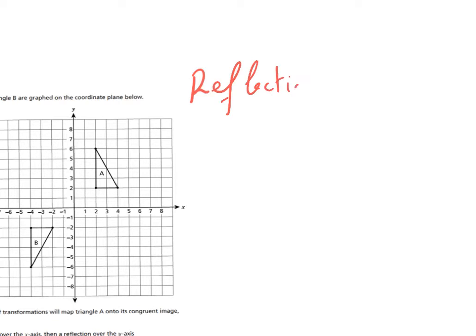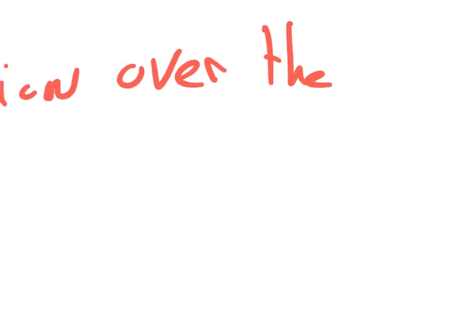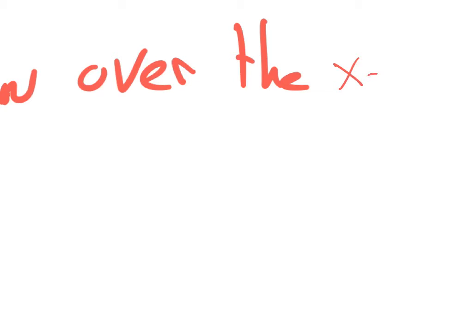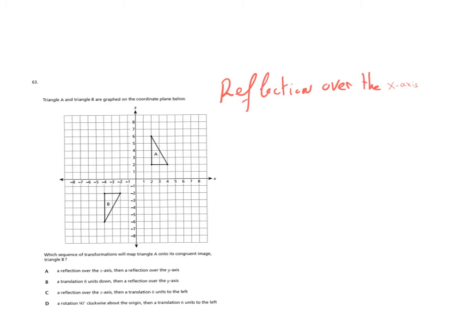It means we're going to change any point (x, y) to (x, -y). So the x is not going to change, but the y will be changed, from y to negative y.